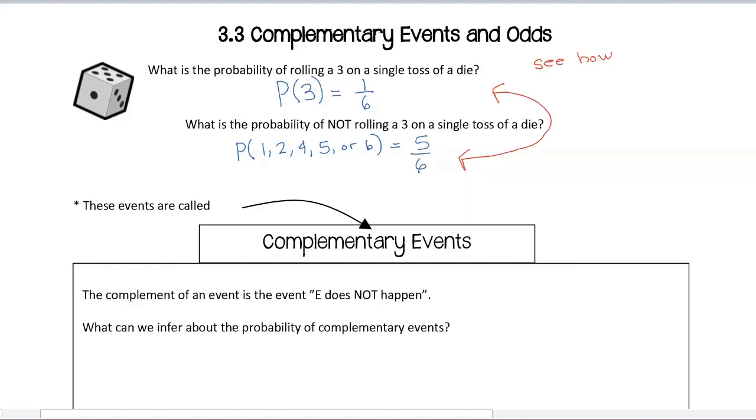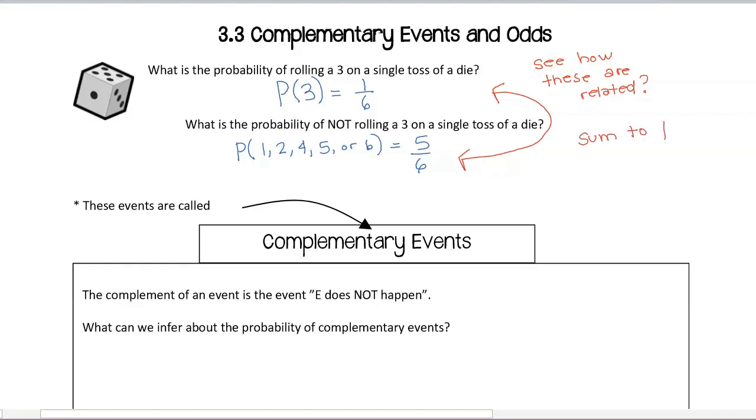Do you see how these are related? We have 1/6 for the event and 5/6 for everything that is not the event. They sum to 1. If I add them up, I will get 1.